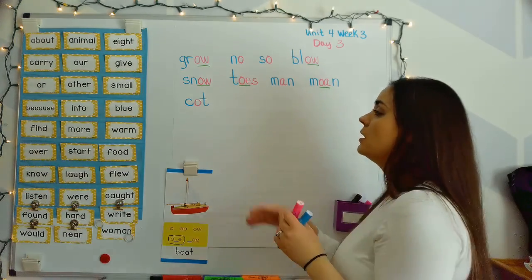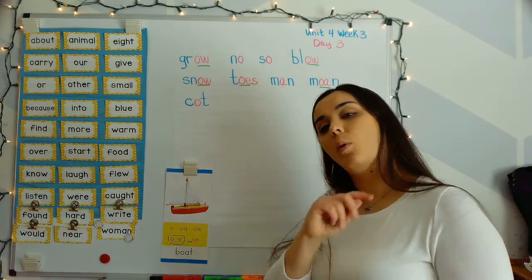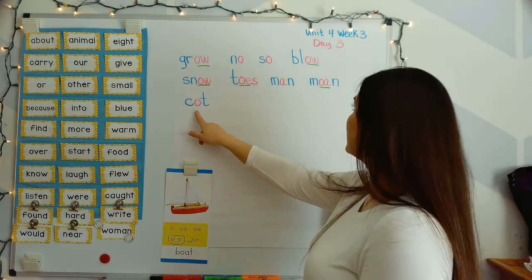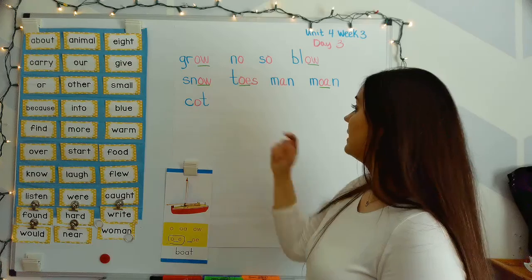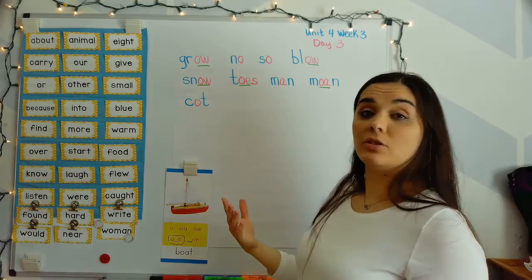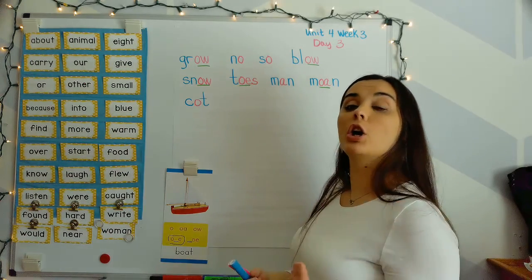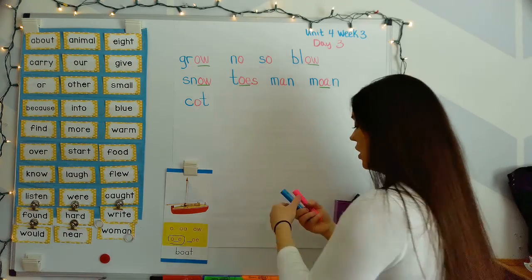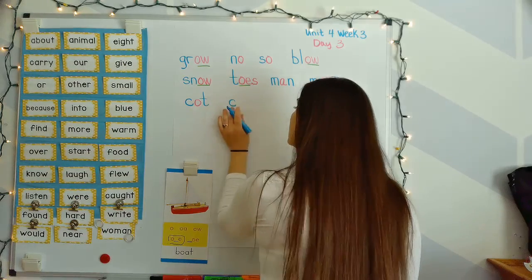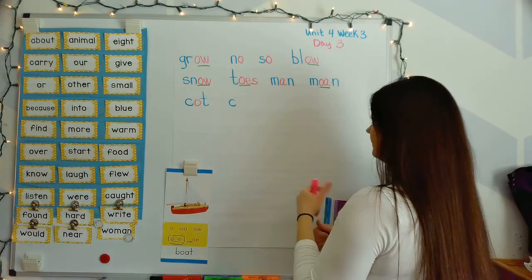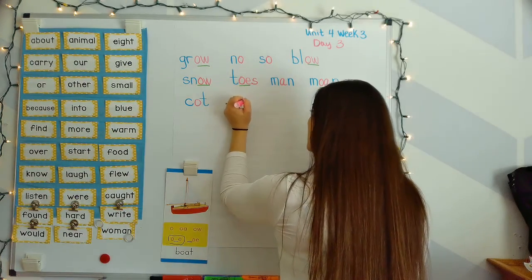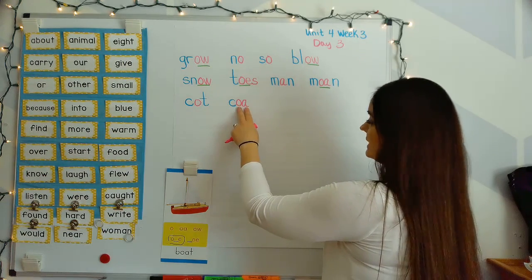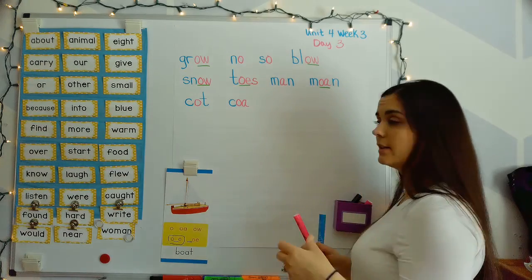So I'm going to change this word by adding one letter. Just like I did with man to moan, I'm going to add an A to this letter. And it's going to change the meaning. It's going to change it into the word coat. Your turn. Ka-o-t. Coat. C says ka. And once I add an A after that O, it makes a different sound, turns it into a different word.